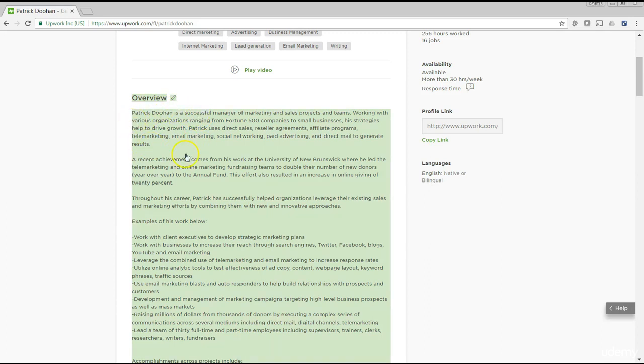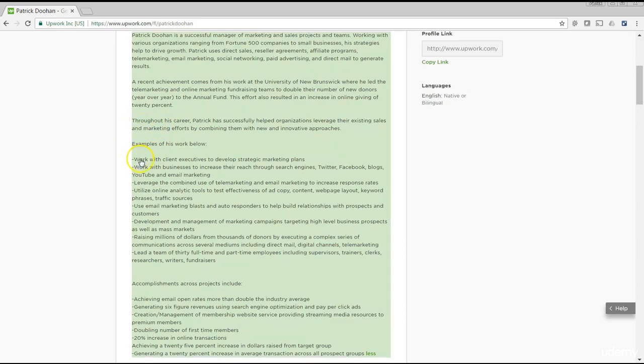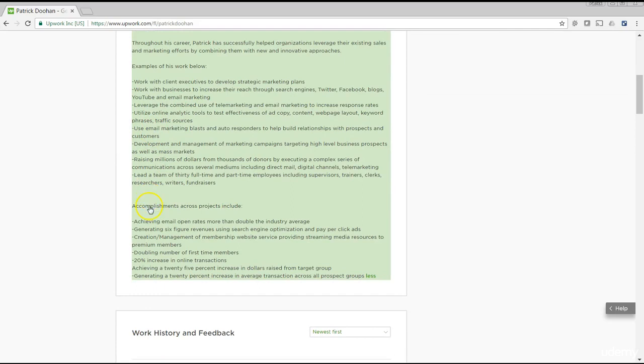And so I generally explained my background and the types of work that I do. And then I immediately went into, here's an achievement that I've recently done. And I only listed one here when it came to online marketing, some success that I've had. And then I listed out the examples of work that I've done at other organizations, and then more accomplishments.